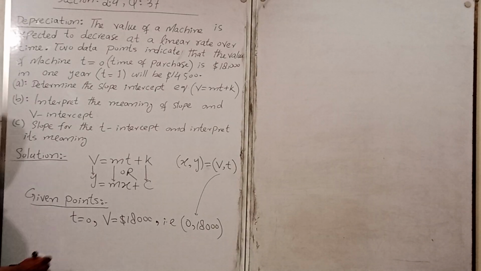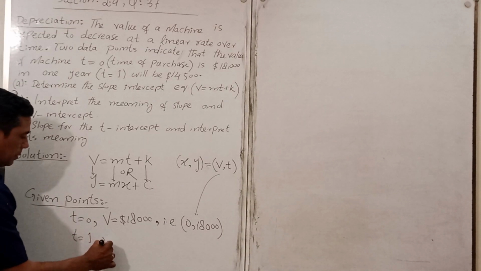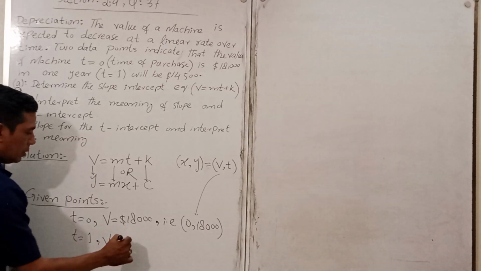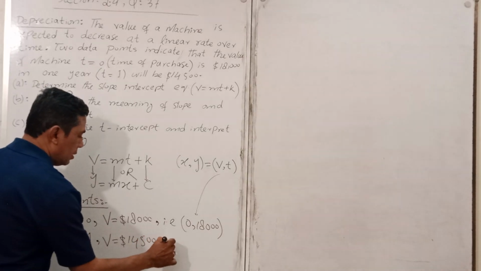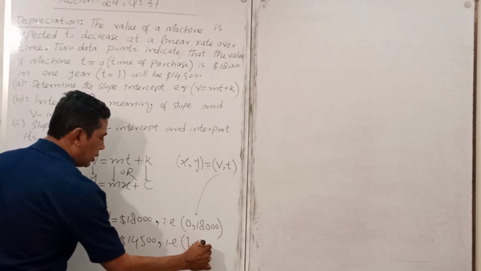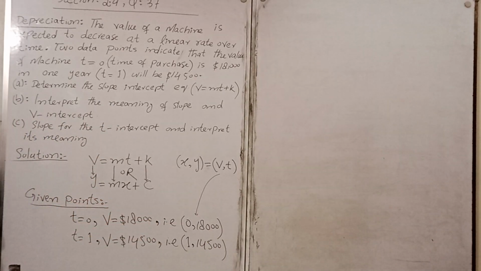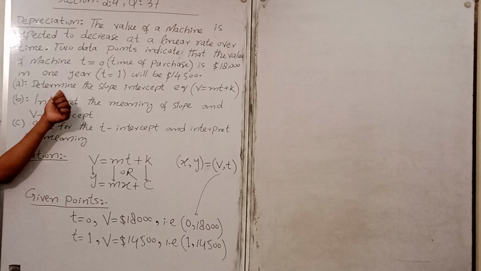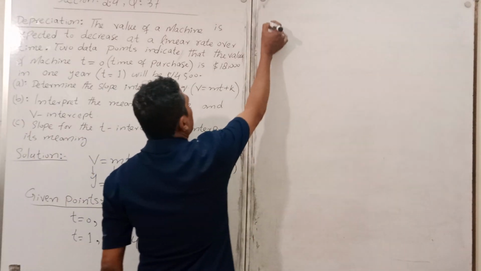And now t equal to 1, v equal to $14,500, so the point is 1, 14,500. You got my point? So you have 2 points here. So what does it mean? Determine the slope and intercept, you have to find them both. So part A is here.